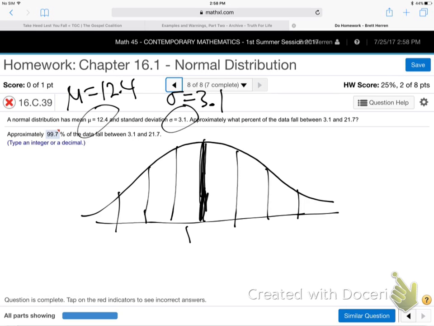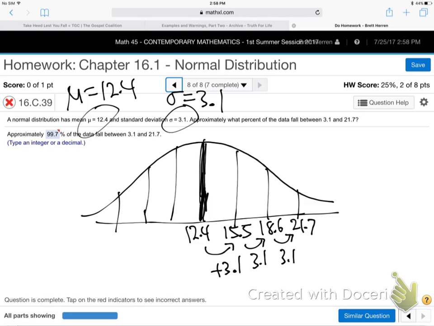So let's do this. I'll take that 12.4 in the middle, and I'm going to add 3.1. So that would be 15.5, and add 3.1 again. What's that? 18.6, and add 3.1 again. What's that? 21.7. Good, and then I'll just subtract the other way.